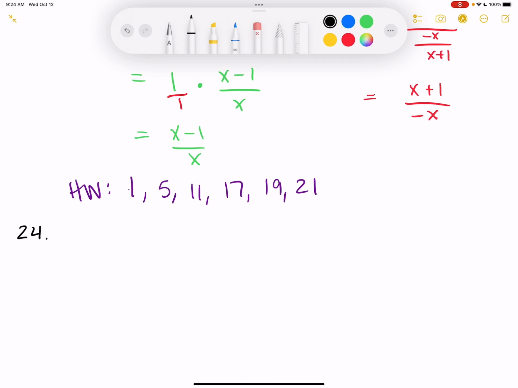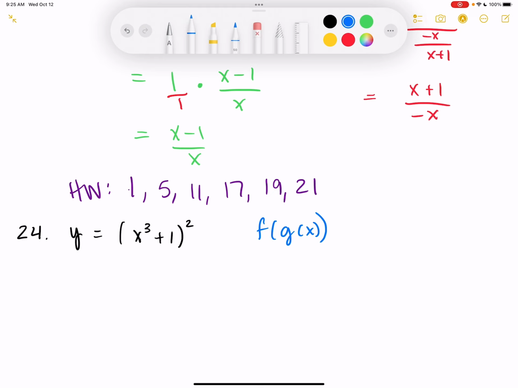So number 24, we have y is equal to, in parentheses, x cubed plus 1 squared. So we're looking for f of g of x. So I want to know what g of x is and then what f of x is.